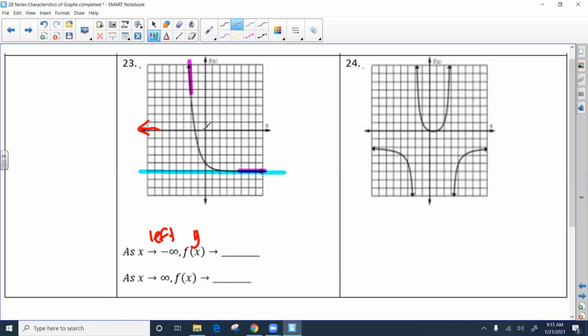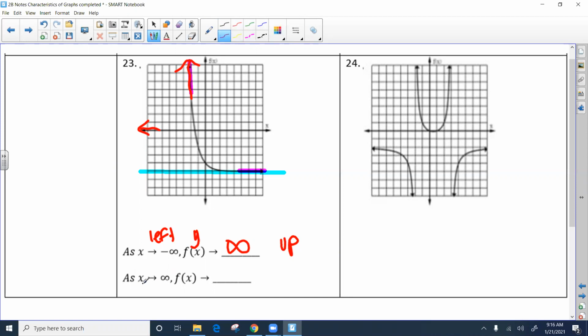So on this end, as I go towards the left, my graph is going infinitely up. So since the graph is going up, we would say f of x approaches infinity. So the left end is going up infinitely.